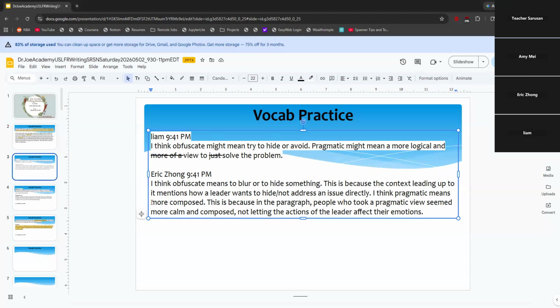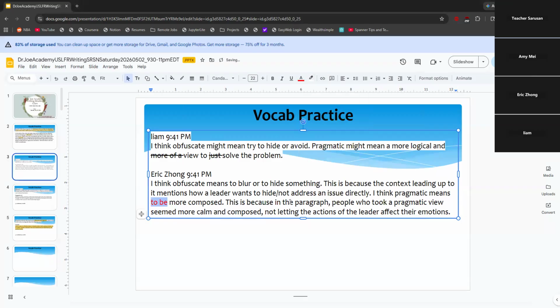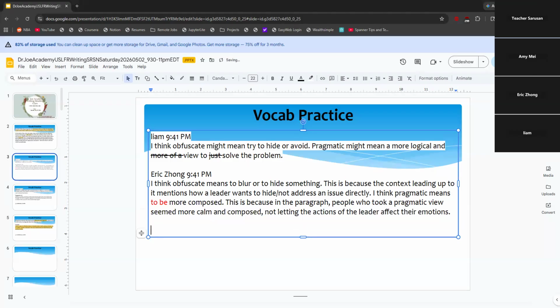So let's add a little bit of wording here to be more composed. This is because in the paragraph, people who took a pragmatic view seemed more calm and composed, not letting the actions of the leader affect their emotions. Excellent answer here. So this is a very strong answer. Great job, Eric. And we've got one more answer.